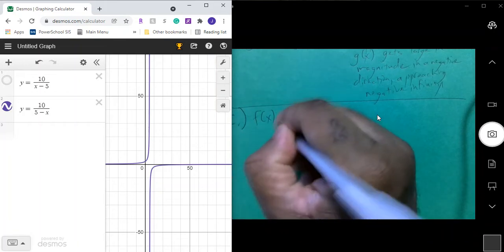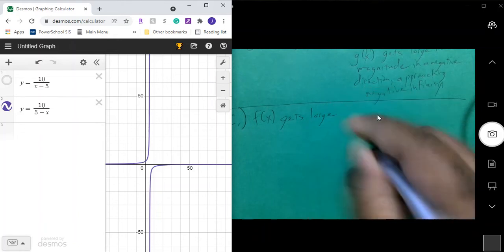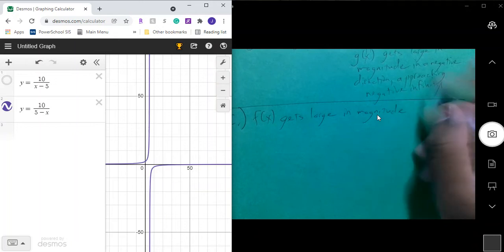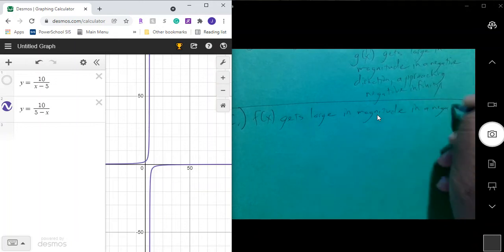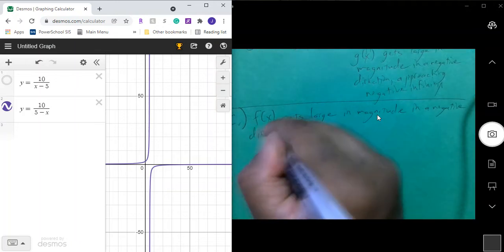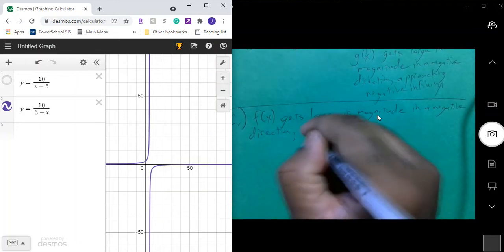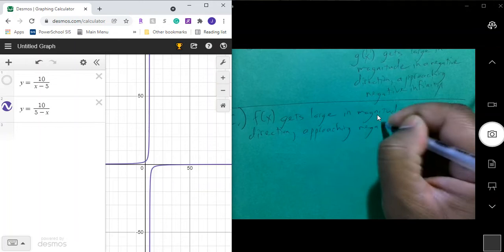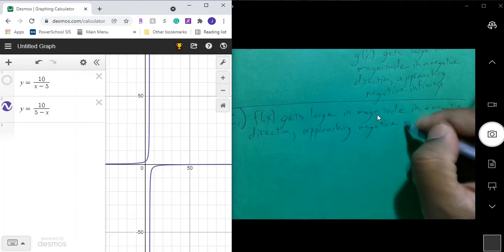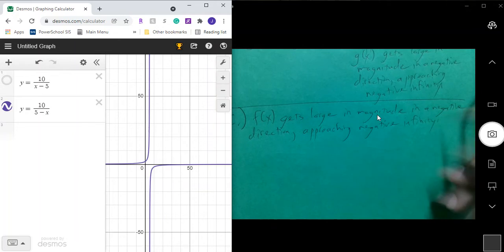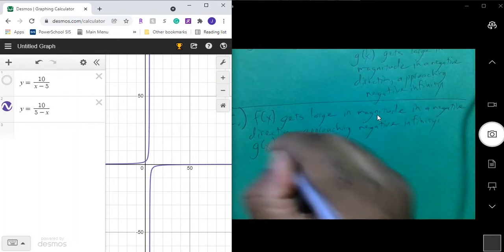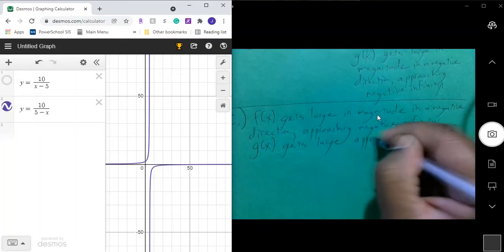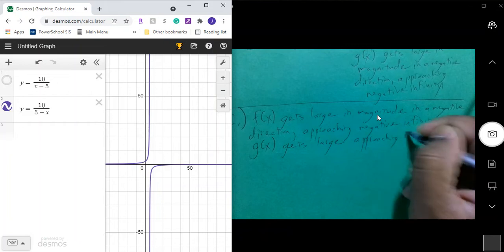So we can say f of x gets large in magnitude in a negative direction, approaching negative infinity. G of x gets large, approaching infinity.